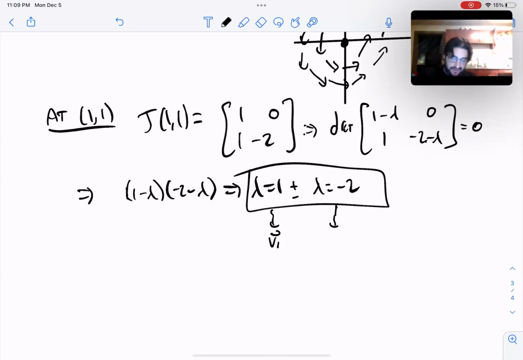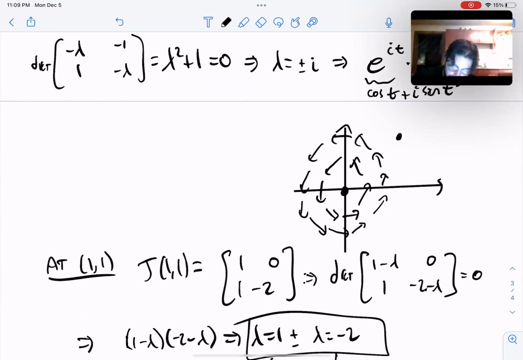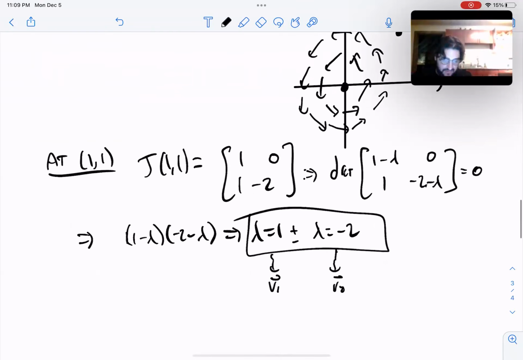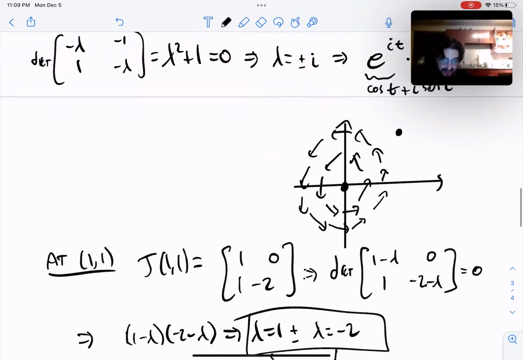Some v1, some v2. So that gives us up here at the point 1, 1 something rotating up there, right? Well, rotating at the origin, and then it has to kind of interact with this.